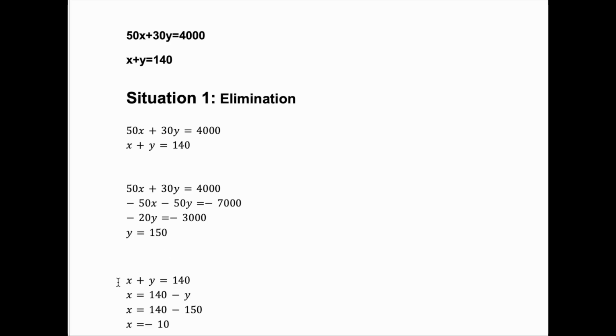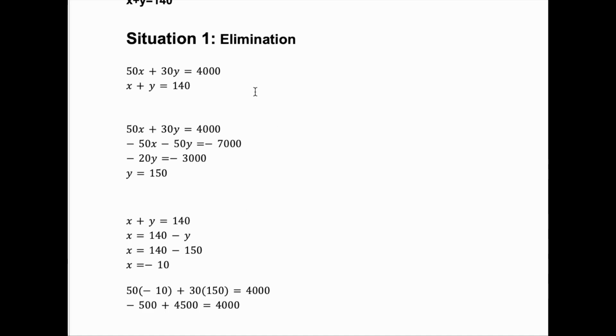In the second equation, if we isolate x, we get x equals 140 minus y. And if we insert 150 for y, we get x equals 140 minus 150, and therefore x is equal to negative 10.